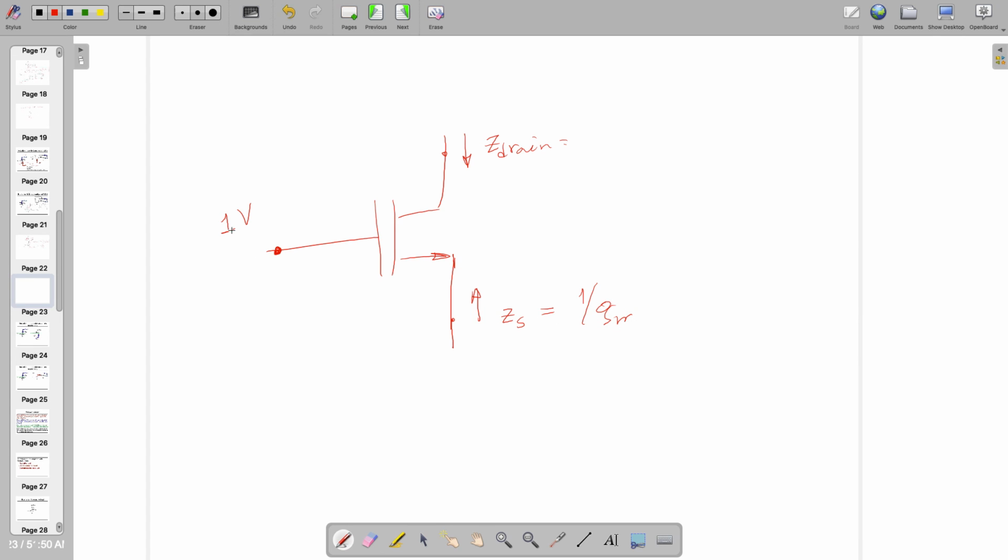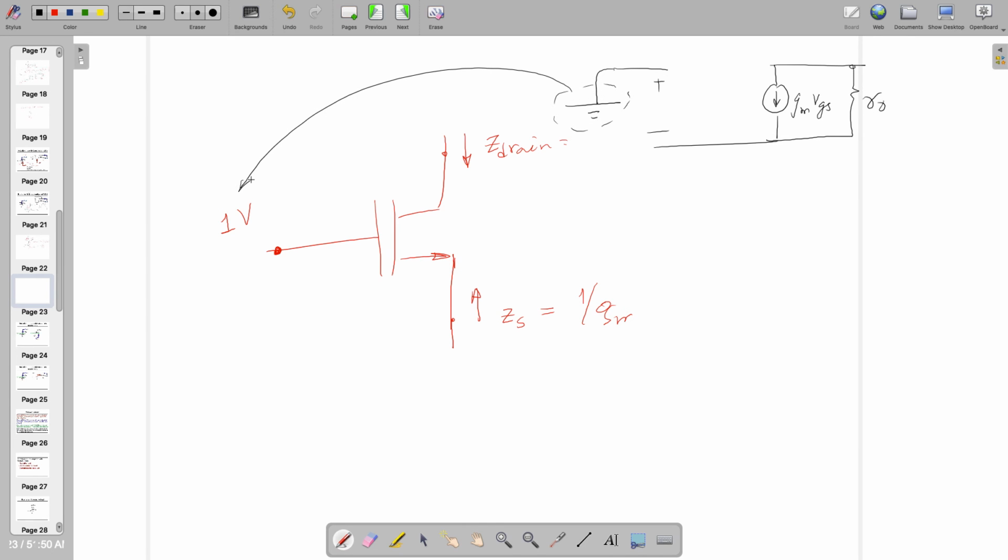While doing this analysis, we have to note that this is ground, by the way. This is the difference. If you have to draw the small signal model, this 1 volt has been transformed to 0 volt because it's small signal AC analysis where DC goes to 0. By the way, this is AC ground.